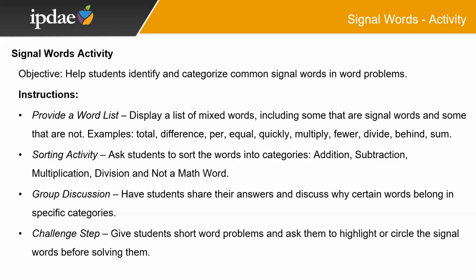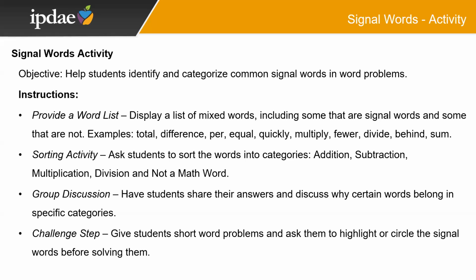word problems, and sometimes a word that might normally mean something in a math situation might not really be a math word, or there might be other words thrown in, things that we need to get rid of that we would immediately say, oh, this has nothing to do with math.